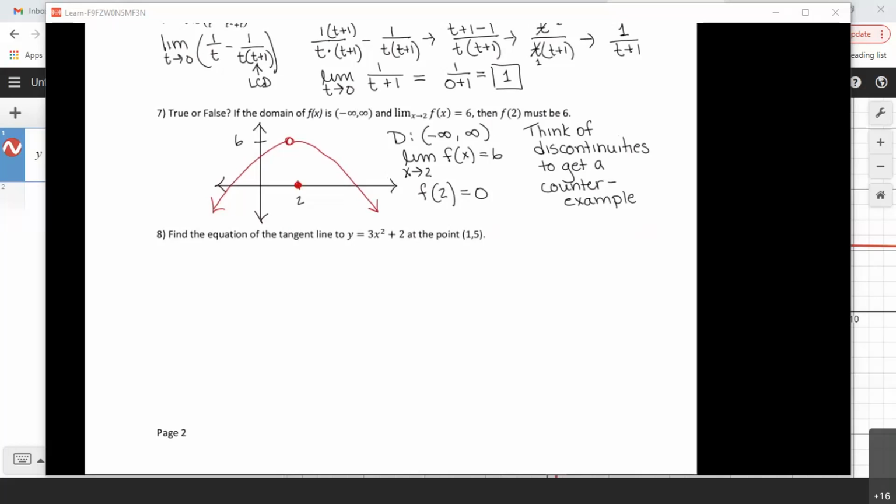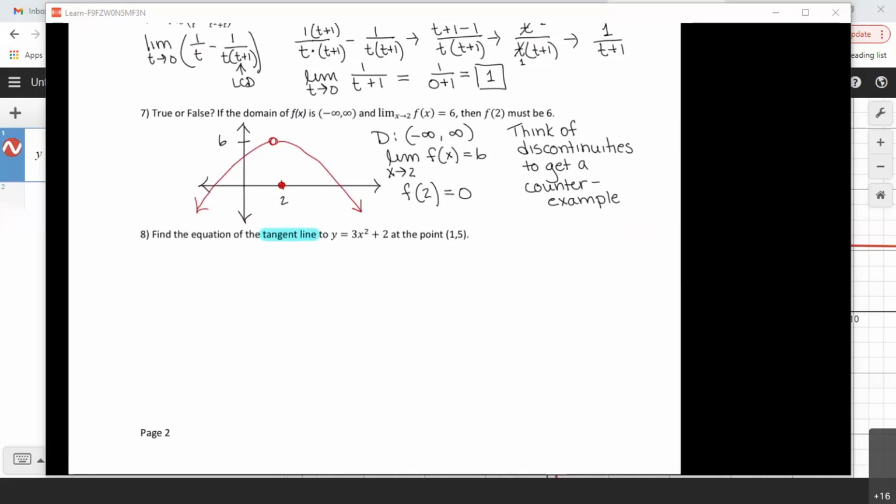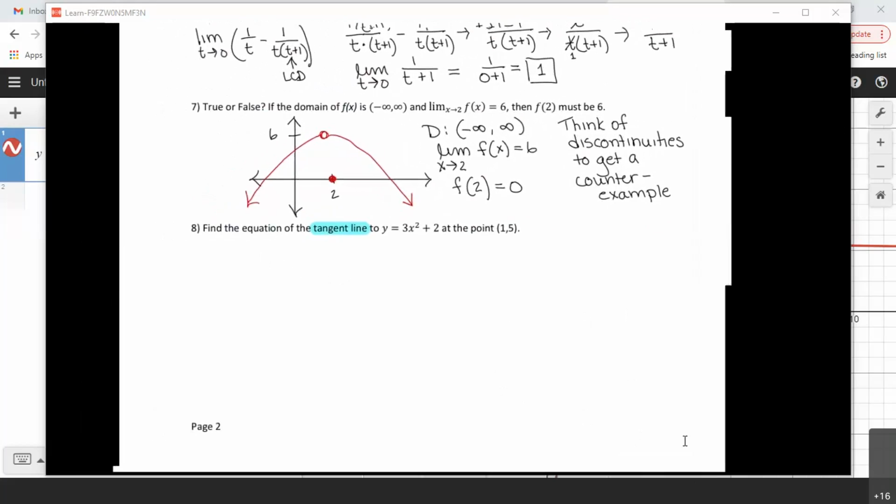The key word in the problem is tangent line. Nee is saying, let's take a derivative. Why is that? Yes, she's right. Take a derivative, but why? To find the slope of the tangent line.